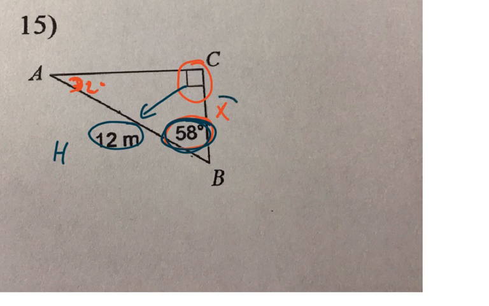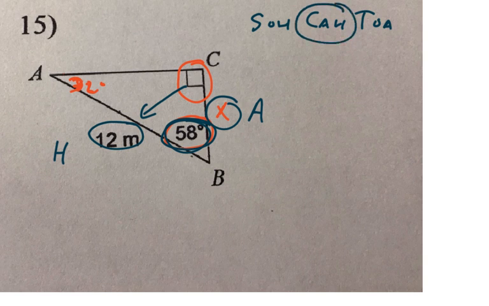Now, x here, notice, is right next to 58. That's what we call my adjacent side. So, according to SOHCAHTOA, cosine tells us cosine is adjacent over hypotenuse.